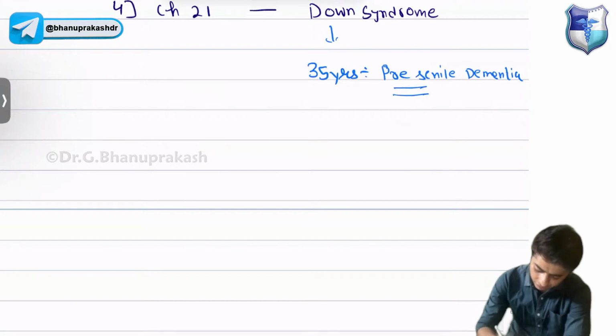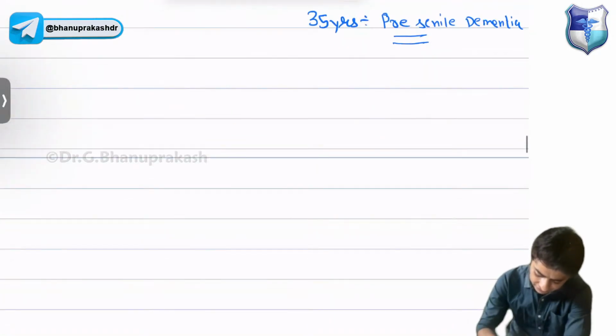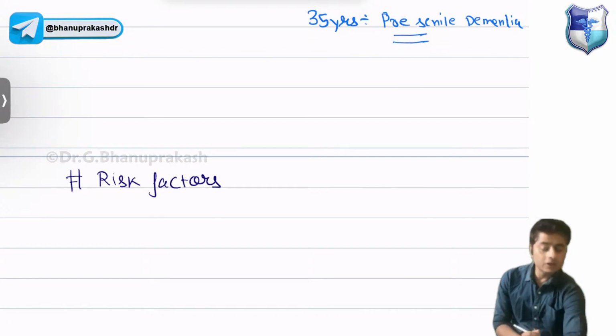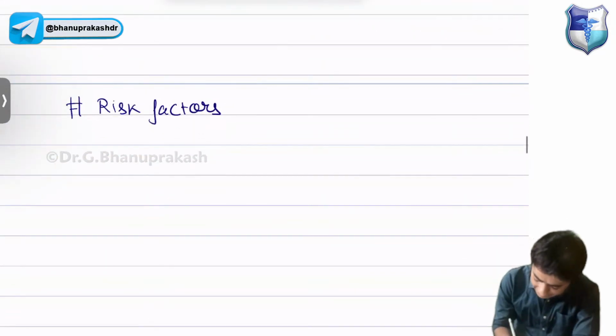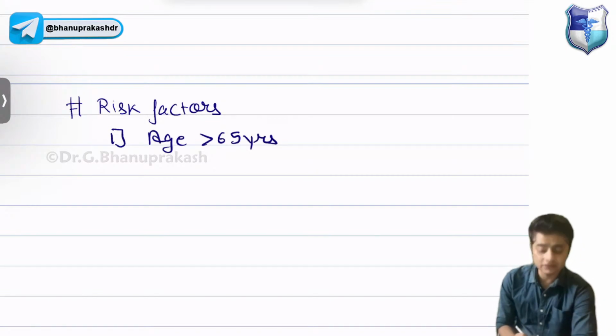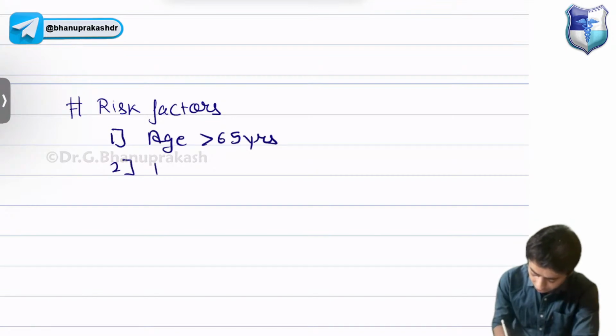Before moving forward, we will first see some risk factors. That is age greater than 65 years. Then comes diabetes.